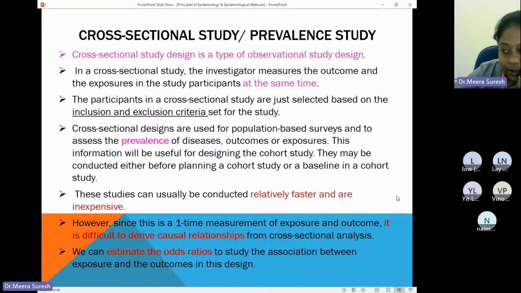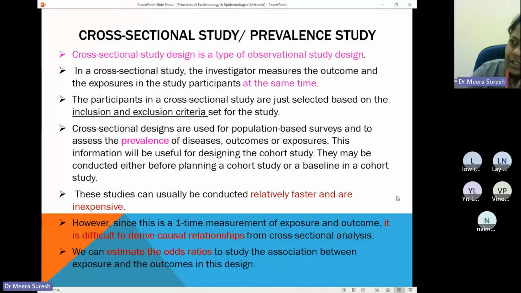That can be a cohort study, because you are going to study whether this diabetes mellitus is seen in old age people, not old age, middle age, 50 plus. Is it a common thing, or does it happen only in that particular population? And if it is a common thing, that is a generalized thing, why is it happening? So that's like a cohort study. That cohort study idea you got from a cross-sectional study.